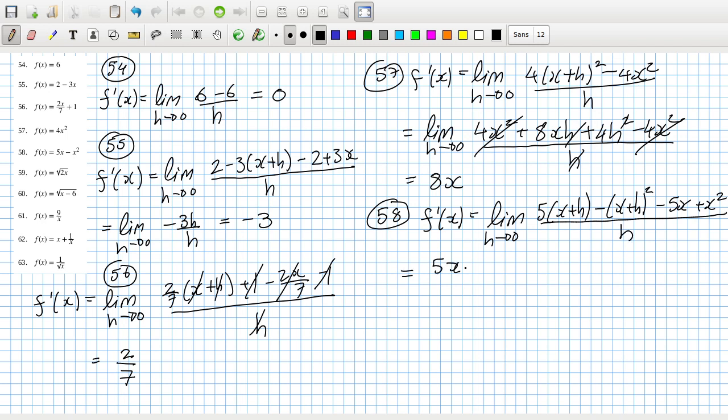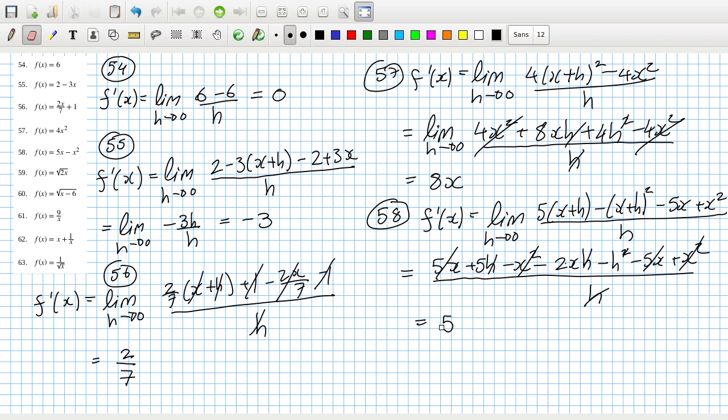So that would be 5x plus 5h minus x squared minus 2xh minus h squared minus 5x plus x squared all over h. Cancel, cancel, cancel, cancel. The h and the square cancel. So you'll just be left here with 5 minus 2x. That's 58. Okay, good.